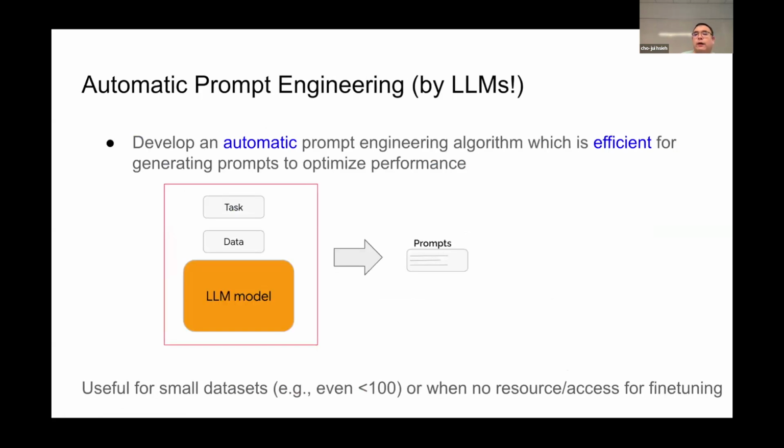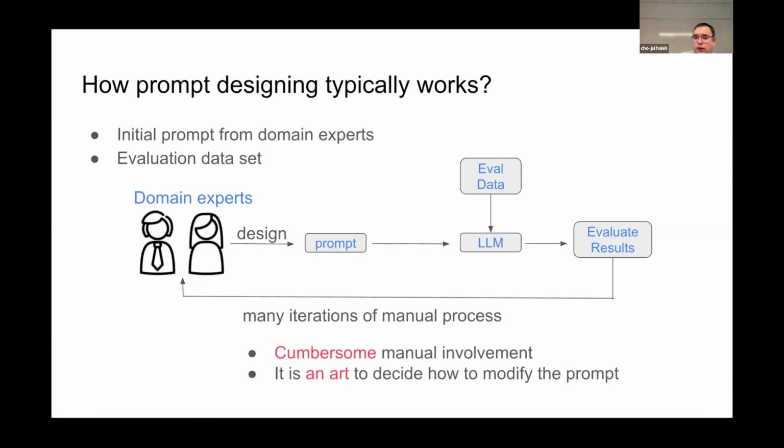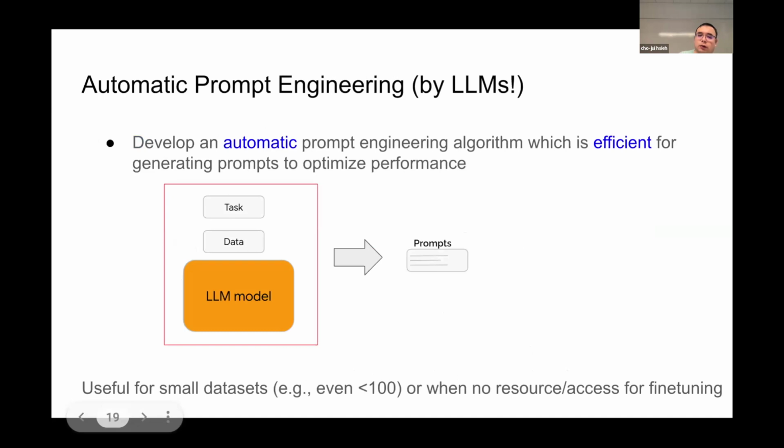So in the final part of prompting, I will talk about automatic prompt engineering, where the goal is to automate this whole process. We want to remove the human or prompt engineer here and replace this with an algorithm or an AI model. The automatic algorithm should be efficient at generating prompts to optimize the performance.